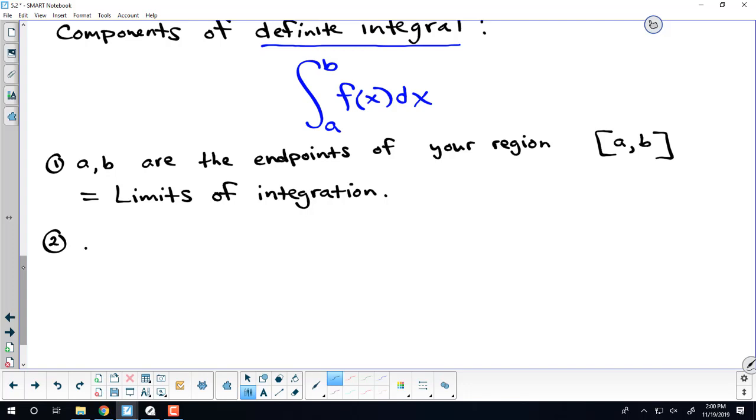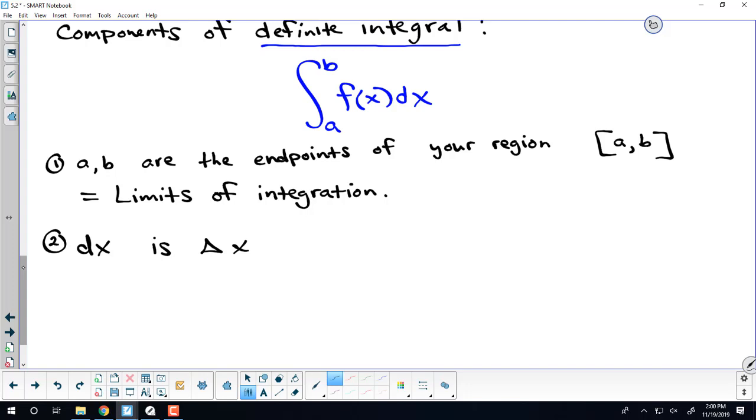The dx is analogous to your delta x in the summation. So the difference is that delta x was this discrete change, right? The width of each rectangle was 5, or it was 1/25th, or they were all 1/50th, or whatever it was.